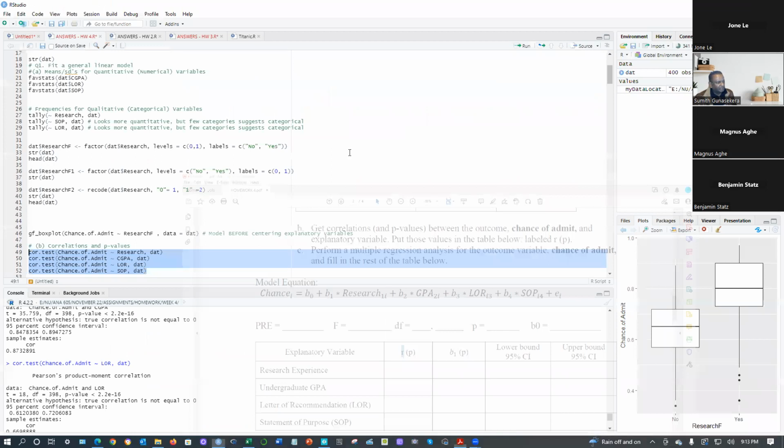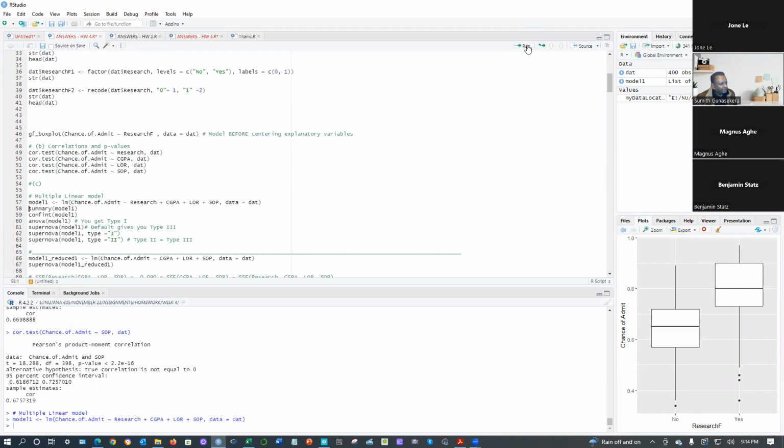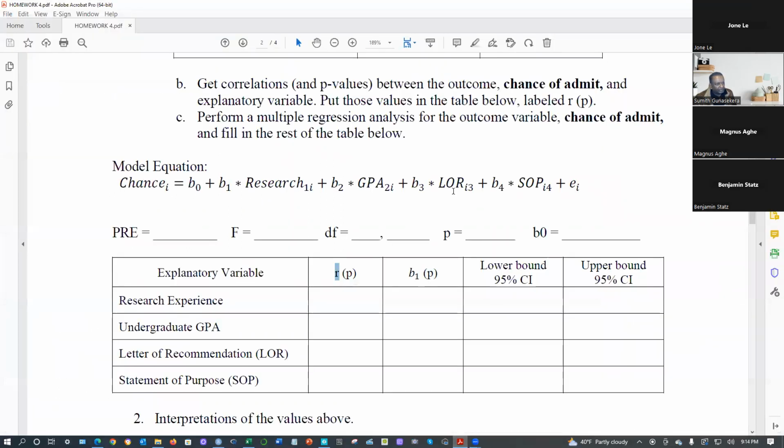Model 1 equals lm chance of admit tilde research plus CGPA plus LOR plus SOP, data. Summary will give you each and every coefficient, be it B0, B1, B2, B3, B4.